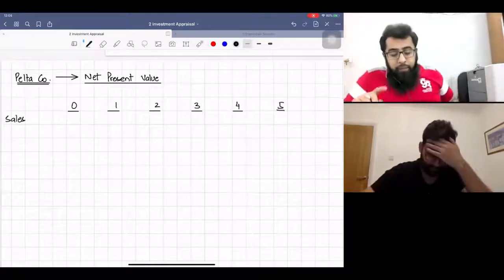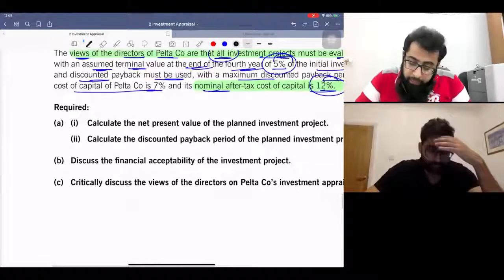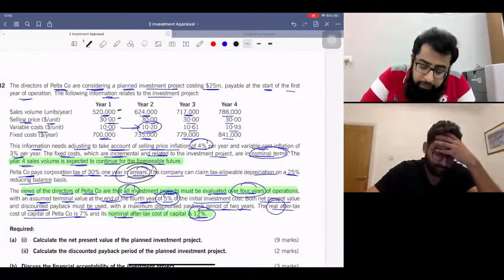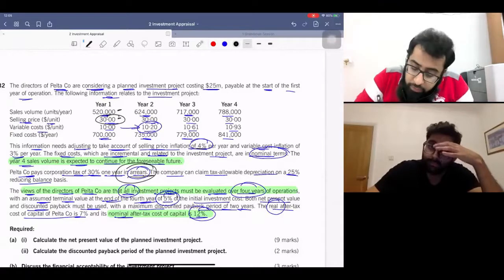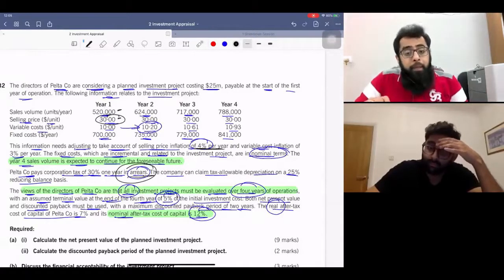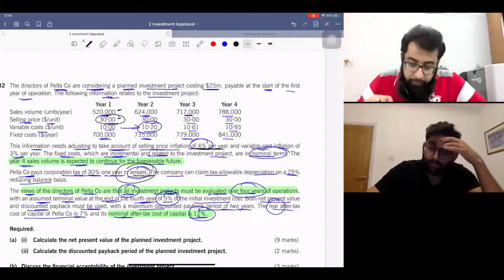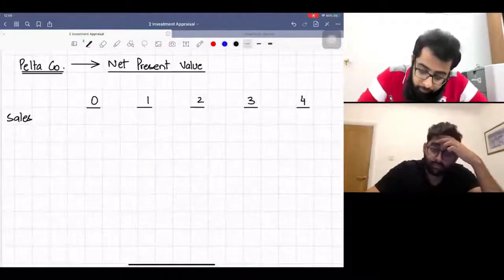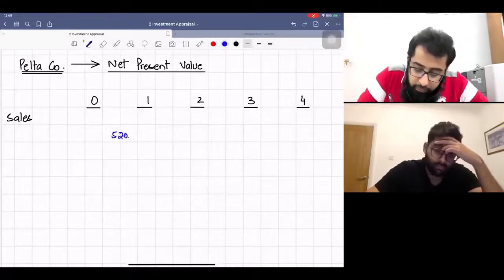Now, listen very carefully to how I will calculate the sales. There are 520,000 units. The selling price is $30 in year 1, and the inflation rate is 4% per year. So for the first year, I will inflate it one time. 520,000 units multiplied by $30.